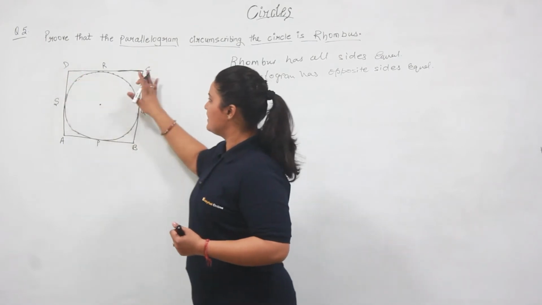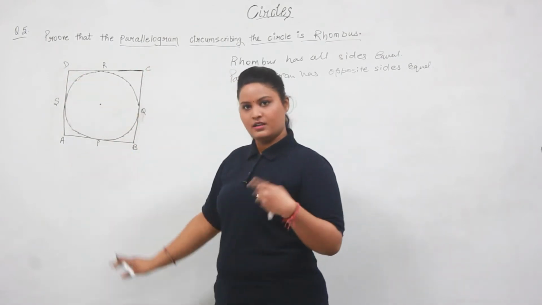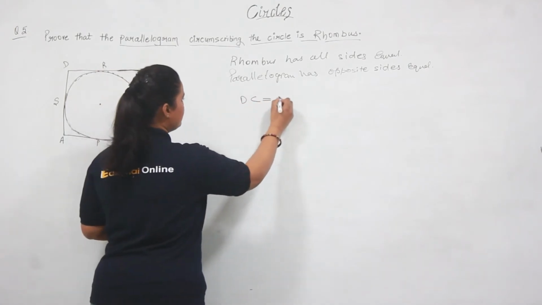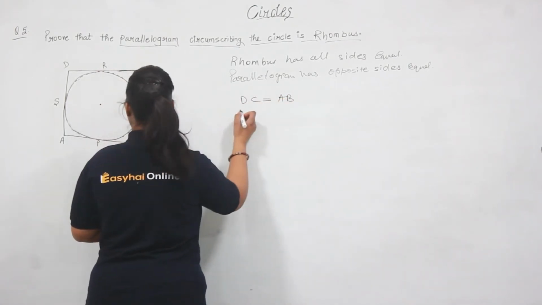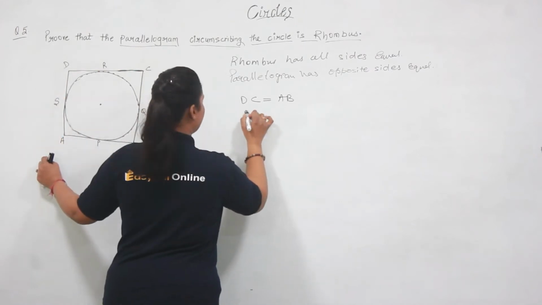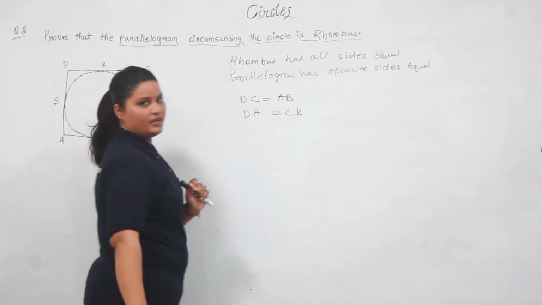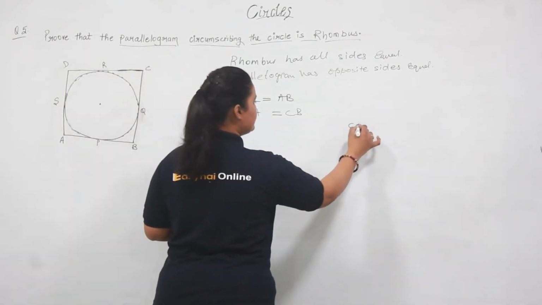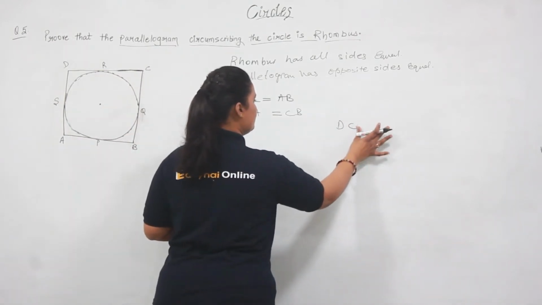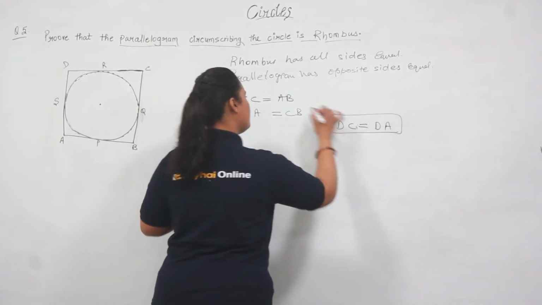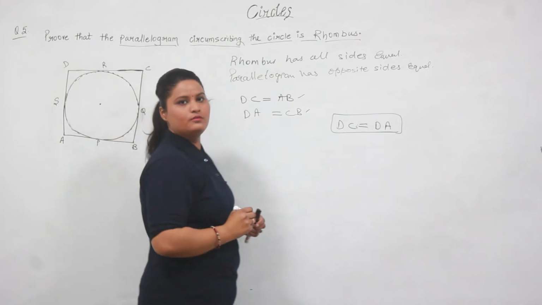That is how I can say that DC is equal to AB. It is a given statement, DC is equal to AB, and similarly DA is equal to CB. So if I prove that DC is equal to DA, then it will automatically be equal to AB and CB also.